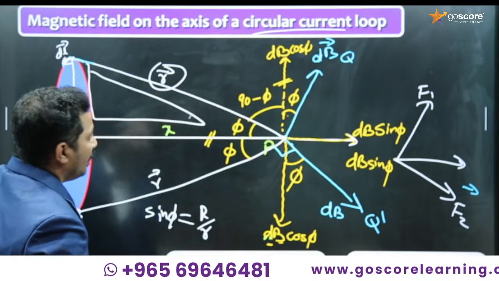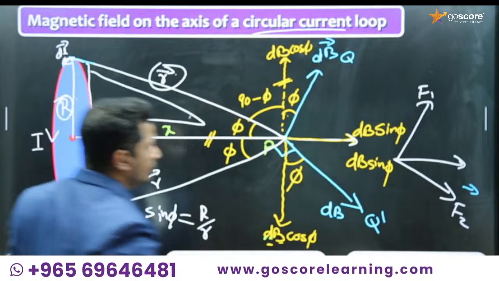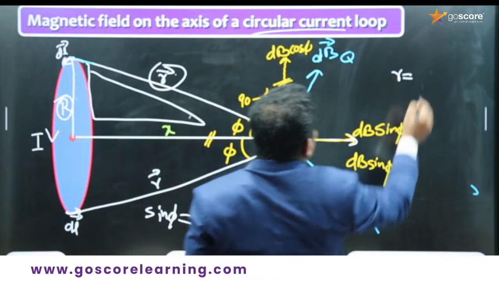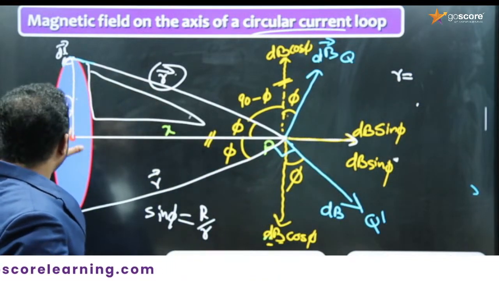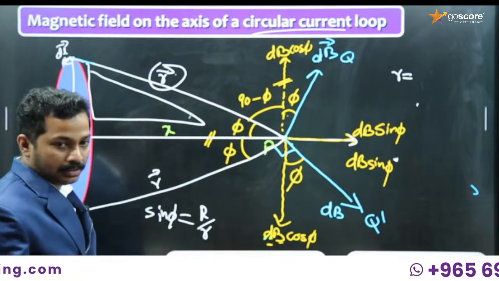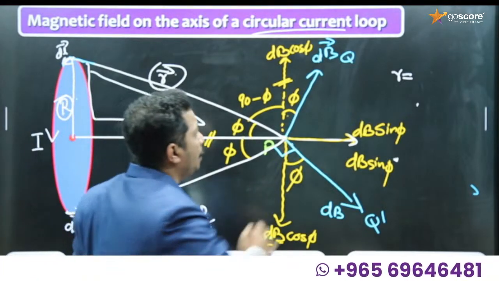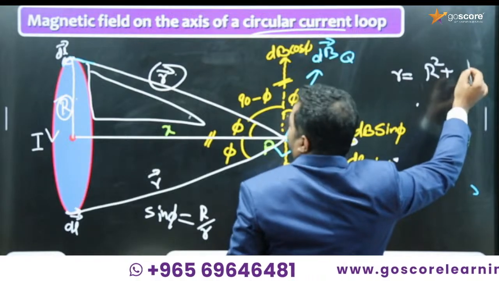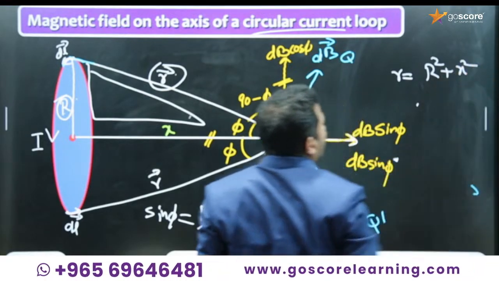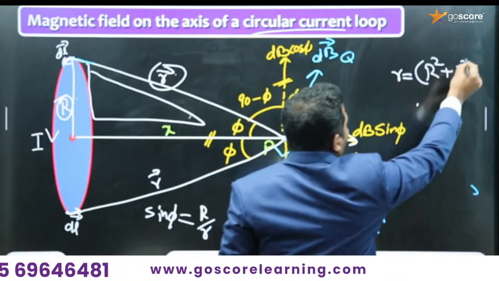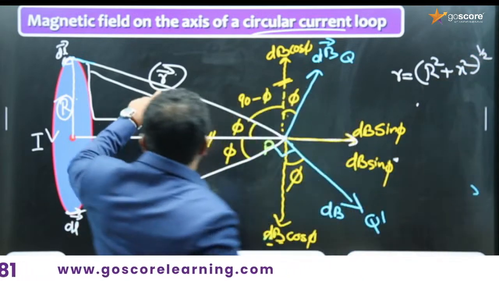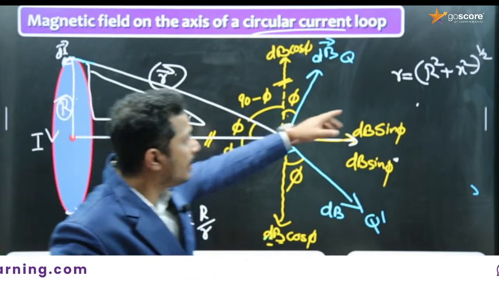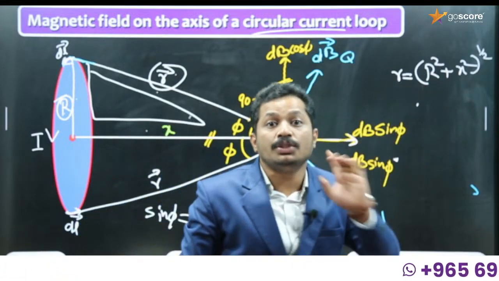Okay, here what is r? Here r means the hypotenuse of the right angle triangle which has r and the x axis as its sides, right? So the hypotenuse is the square root of the base squared plus the perpendicular squared, which is the square root of r² plus x², or simply (r² + x²) raised to 1/2.